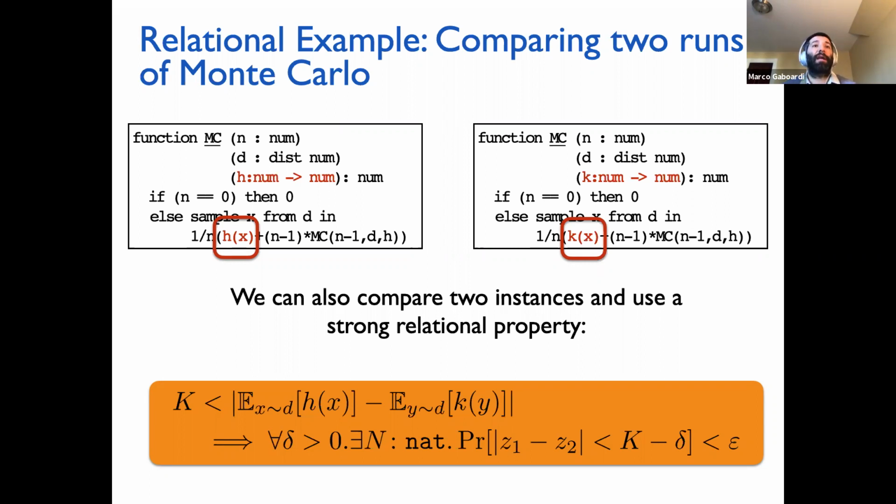In particular, we can compare them through a statement, again similar to the one we saw before, though not exactly the same, that you see now in the gold box. These statements say that if the expectation of the two functions is far enough apart, then we can show a bound on the probability of getting two values from the Monte Carlo sample. We can provide some confidence interval for how far apart these two samples would be.